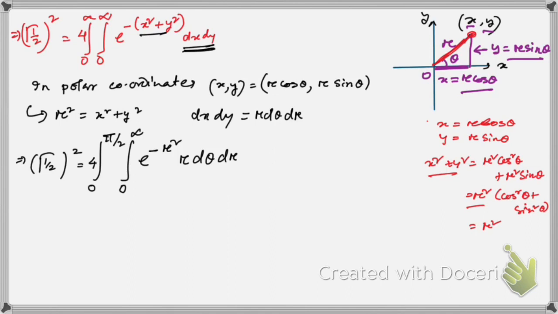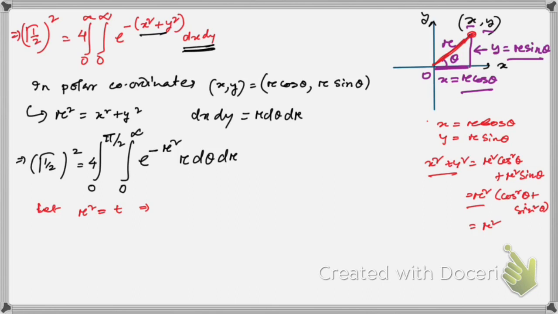Again we're going to substitute that. Let us put r square, small r square, is supposed to be t.